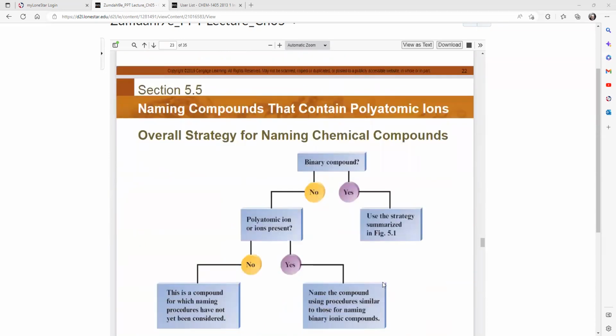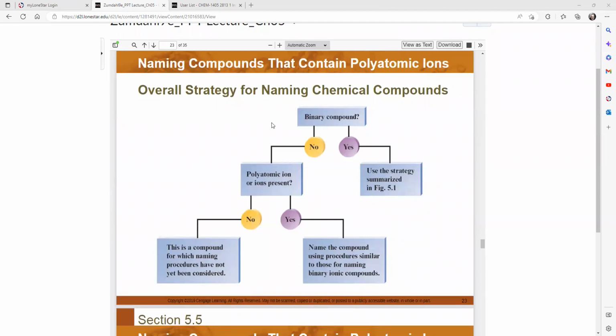Here you have how to name chemical compounds in general. Is it a binary compound? Yes, then use the strategy that we have studied before. Or it is not, then is a polyatomic ion or ions present?